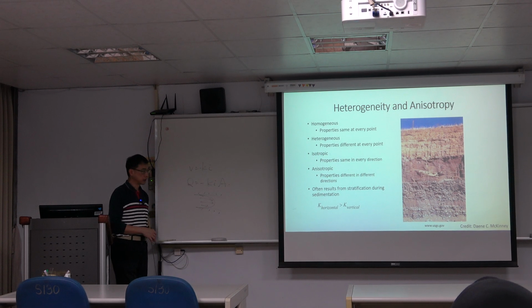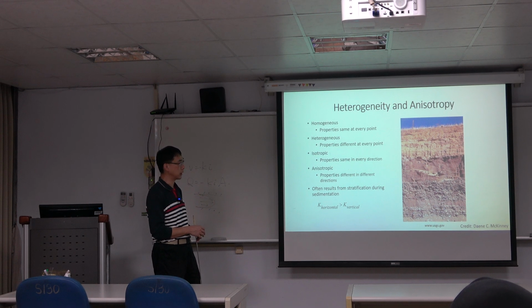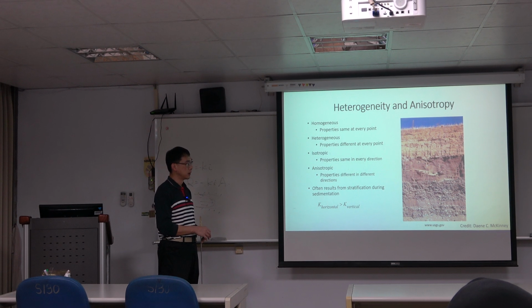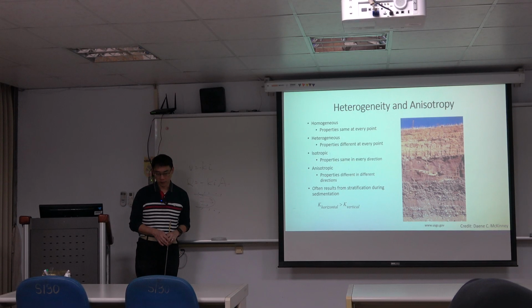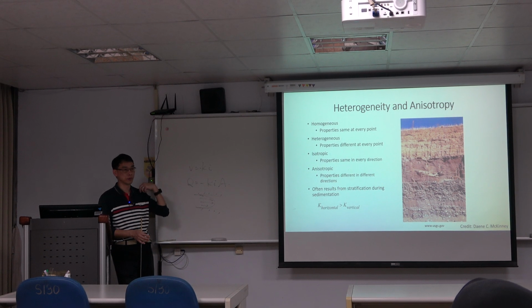And for the other characteristics of K, we have the heterogeneous and anisotropic properties. As we saw in the last lectures, the hydrogeological property distribution is not so uniform as we imagine. They are quite heterogeneous.